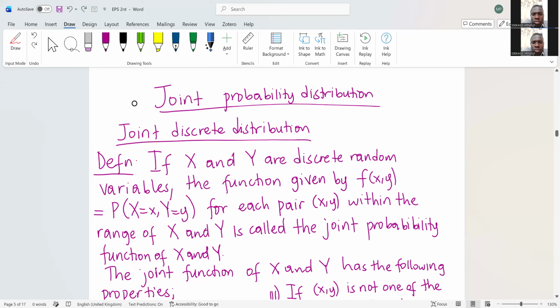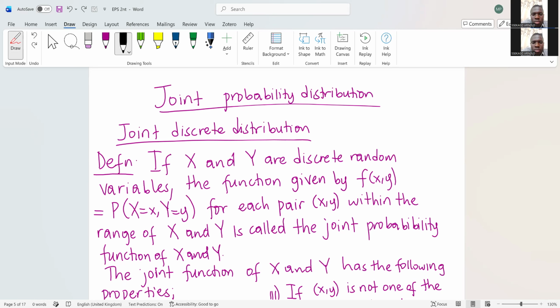So previously, in the previous module, we had covered univariate distributions, in one dimension. We looked at univariate distributions that were not joint.